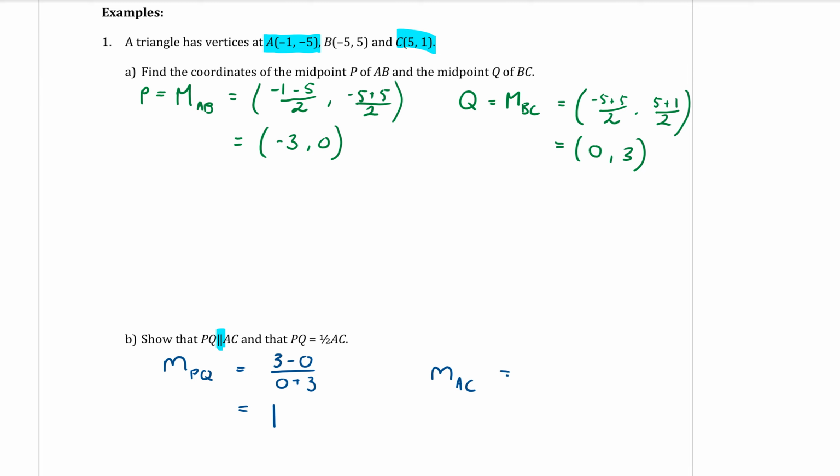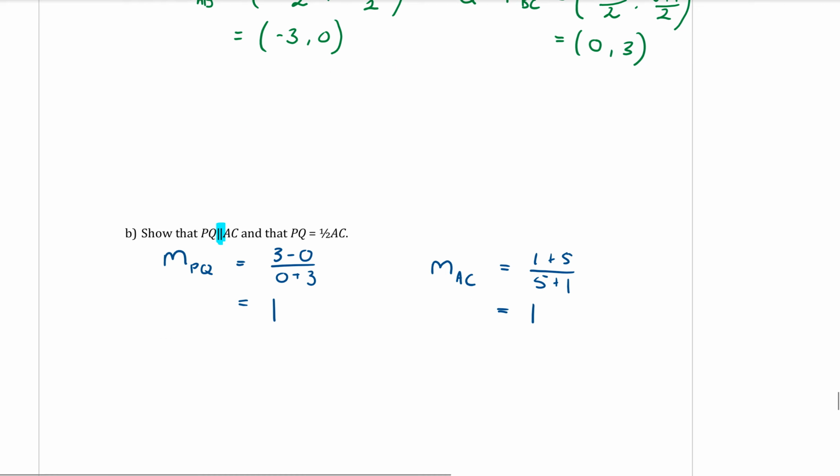That will be 1 minus minus, so plus 5, over x values. 5 minus minus, so plus 1. 6 on the top, 6 on the bottom, which means that is equal to 1 as well. So I have shown that the gradient of PQ is equal to the gradient of AC, which means that PQ is parallel to AC. Okay, done that part, but there's more to that question.